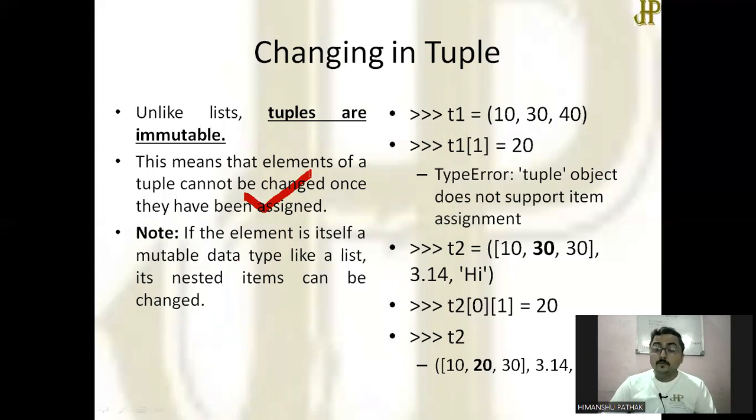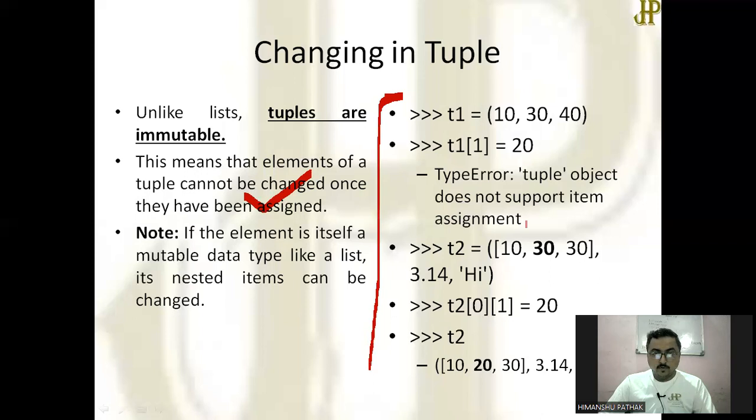If an element in the tuple is itself a mutable object, like a list, then the data can be changed, because a list is a mutable object, so you can change the value inside that list, which is an element of the tuple. Here, I'm going to show you.